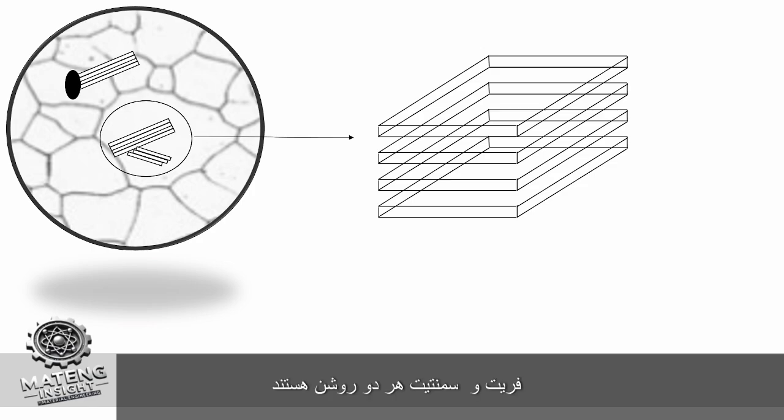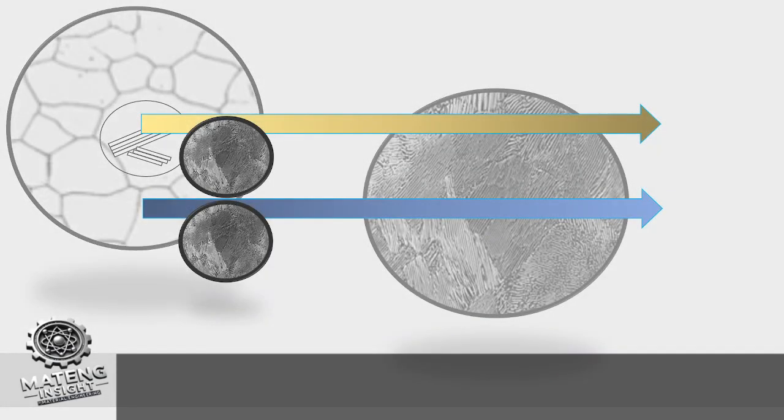Ferrite and cementite are both bright, and the dark lines indicate the interface. When you see this layered structure under the microscope, you will realize some important things like cooling rate. And this structure leads to low mechanical properties.